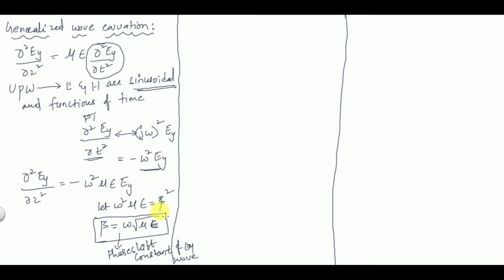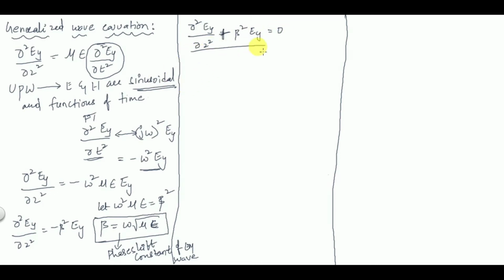Therefore the equation now becomes ∂²Ey/∂z² is equal to minus β² Ey. So sending this term to this side, we get ∂²Ey/∂z² plus β² Ey is equal to 0.